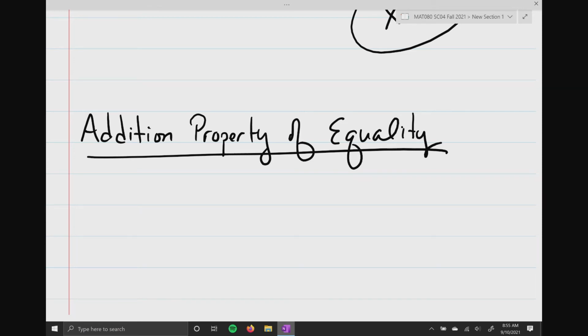I'm going to say this phrase and just nod your head or use the reaction in Zoom with your hand up or a wave or something like that. Entertain me a little bit if you've heard this before. You ready? If you add something to one side of the equation, you must add it to the other side. That is called the addition property of equality. You already know this. Now, how many of you knew that it actually had a name?